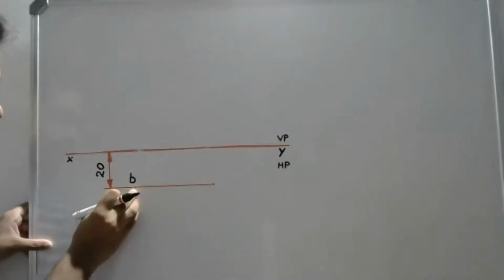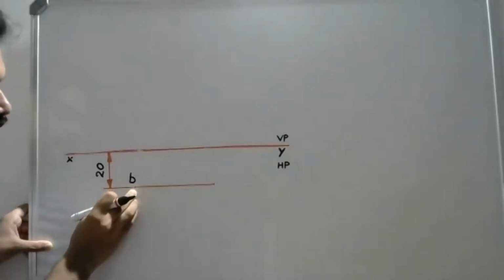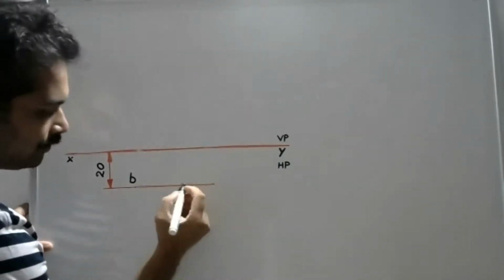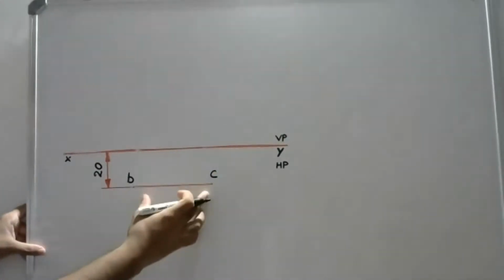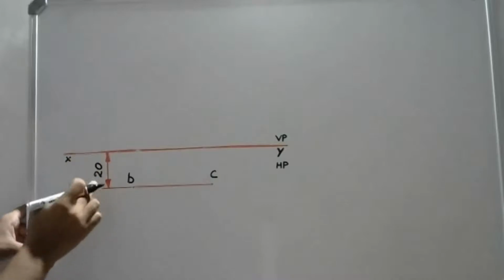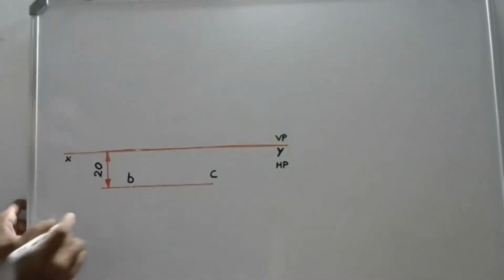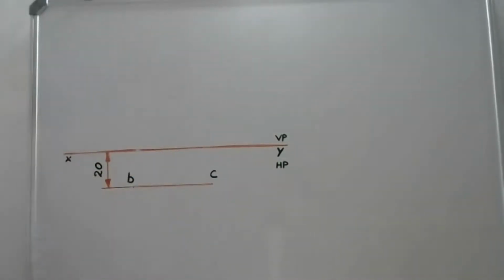So from B, using an X pencil, you can draw one edge, 35 mm, that is BC. This is my base edge, which is parallel to VP at a distance of 20 mm. That step I completed here. BC is drawn with an X pencil because it is visible.